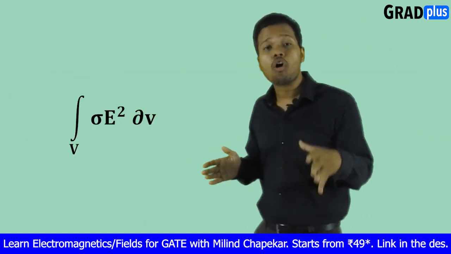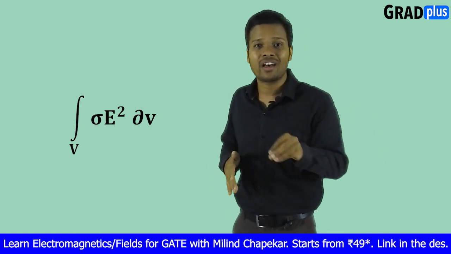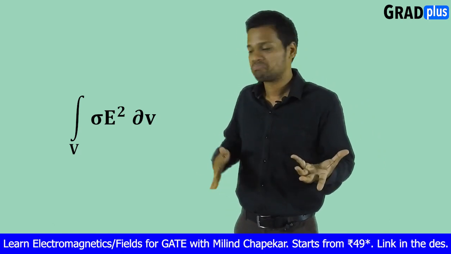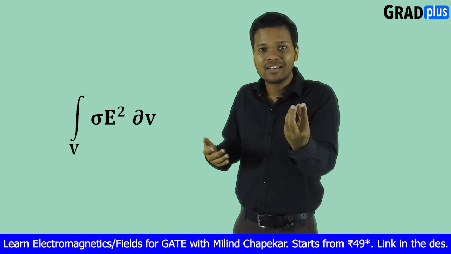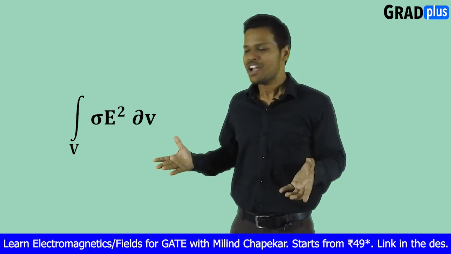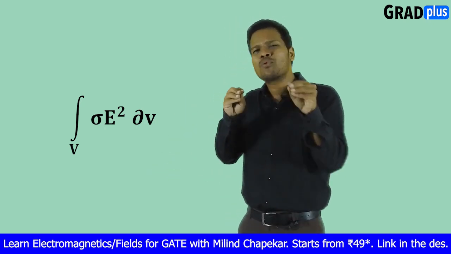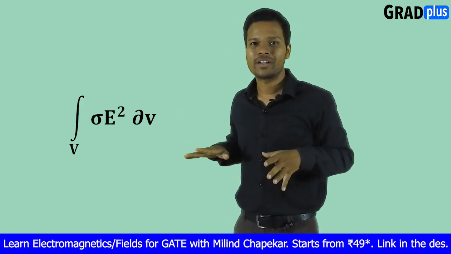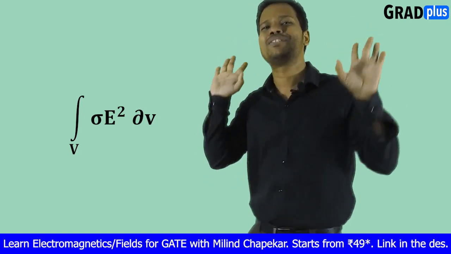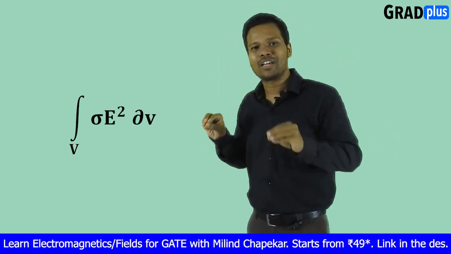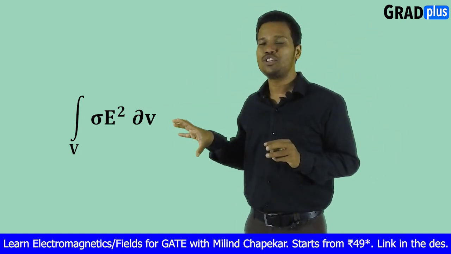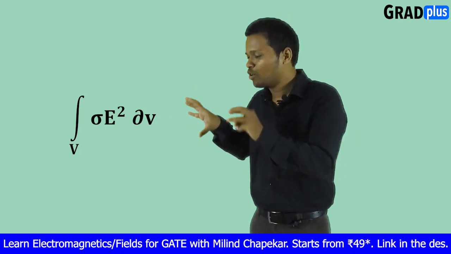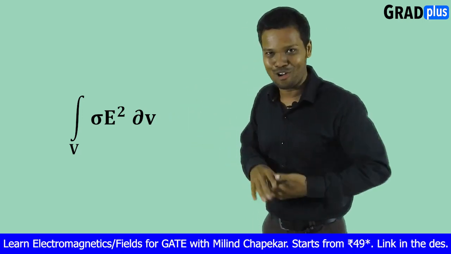Volume integration of sigma E square. What is sigma? Conductivity. E, electric field intensity. I am going to tell you the complete unit of this term, and compare it with your electrical knowledge.